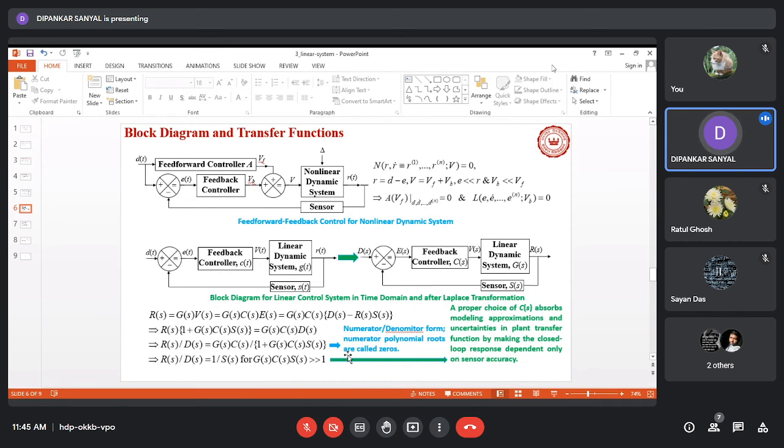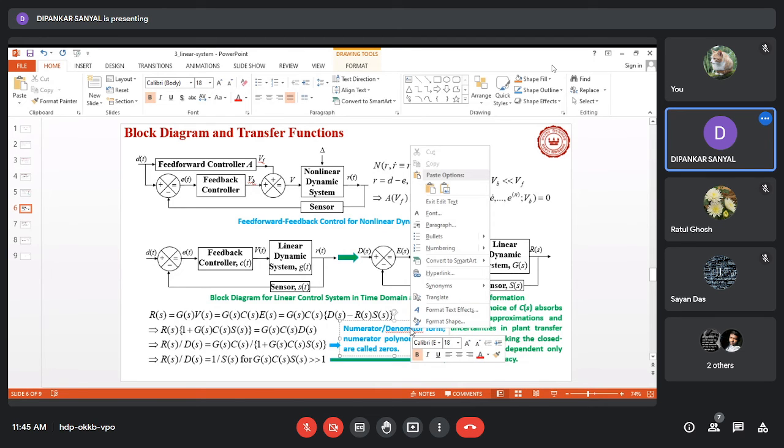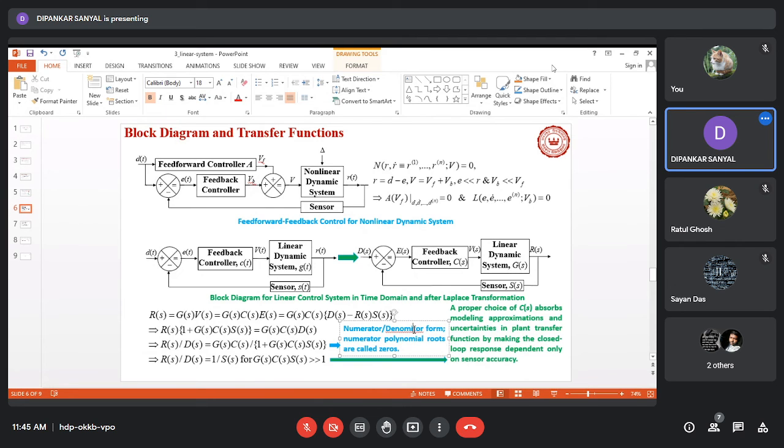The other conclusion of this slide is this: because of this kind of operation, in the closed loop function we have some numerator and some denominator. We see in the denominator we have one block extra in comparison to the numerator block.